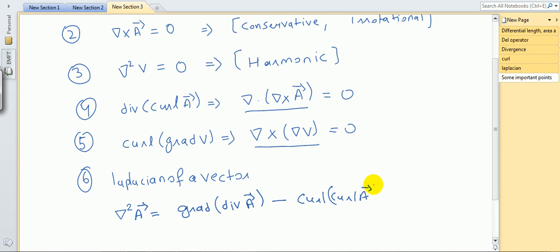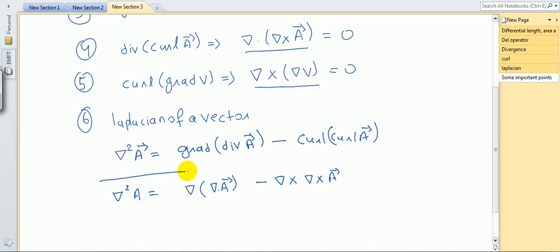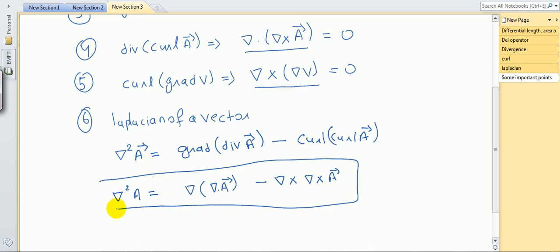If I write this in del operator form, it becomes del square A equals gradient of del dot A minus del cross del cross A. This is the formula for the Laplacian of the vector, an important formula actually.